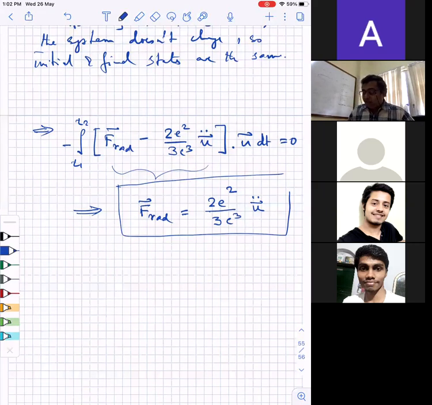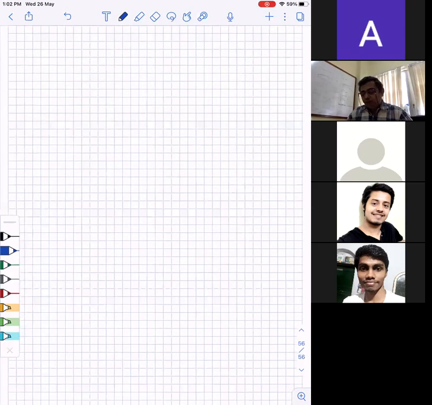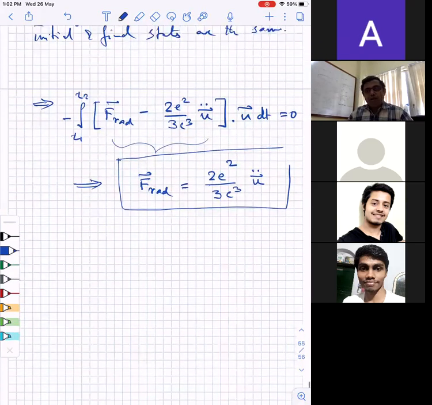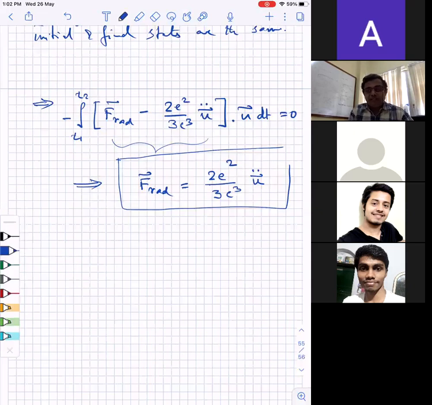But one thing you should appreciate over here is that we've got something very interesting. You see the force that we have got. Typically, when you talk about forces, all forces are the double derivative of position. So all forces are proportional to acceleration. The radiative reaction force is proportional to the derivative of the acceleration. So that's very, very different. It's a very interesting result.